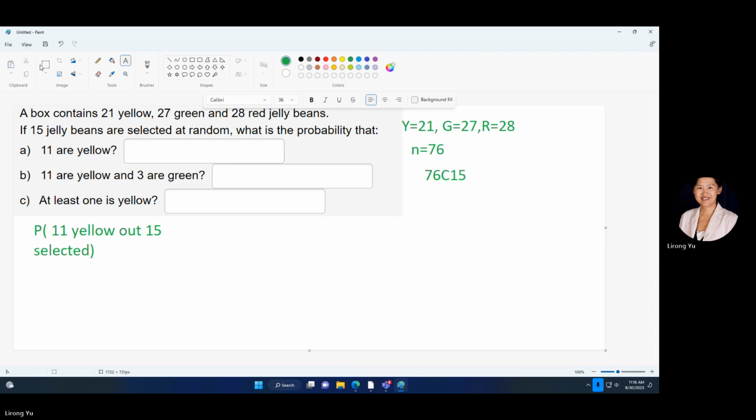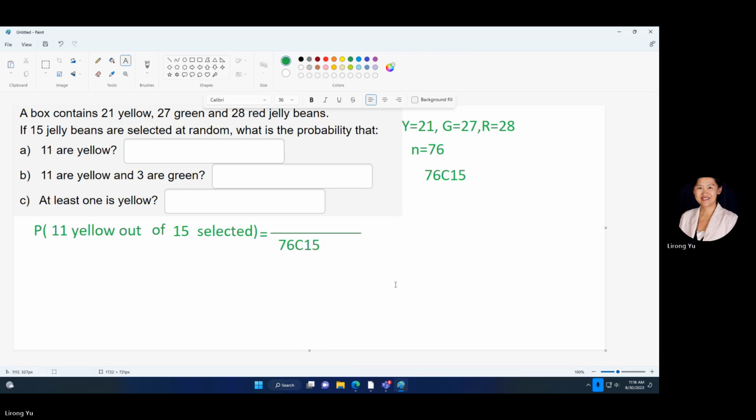The overall setting is choose 15 of them, so your denominator should be 76 choose 15. In the numerator, you are looking at in detail which ones are chosen and which are not. And out of that 15, if 11 are yellow, what about the other 4? They can either be green or red, right?